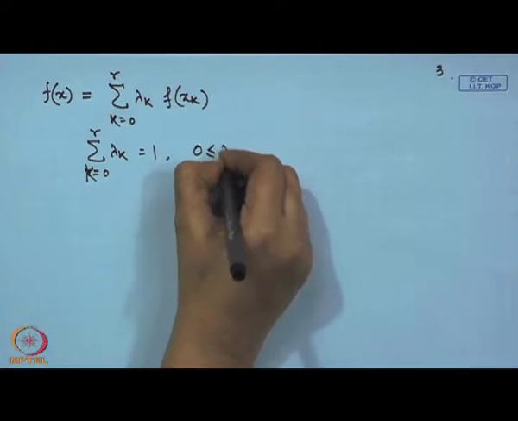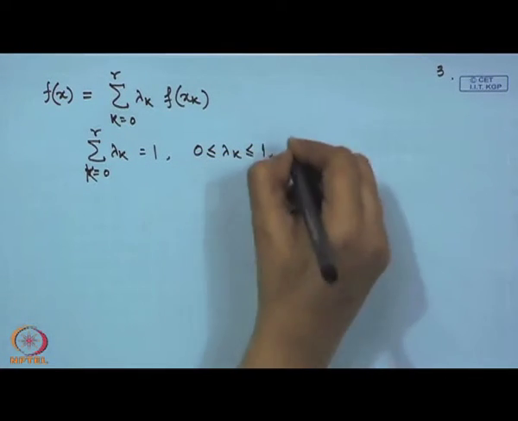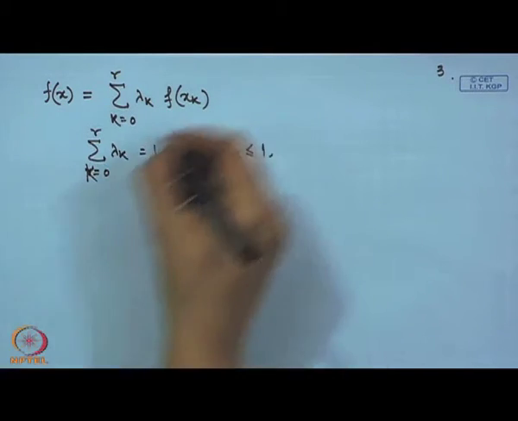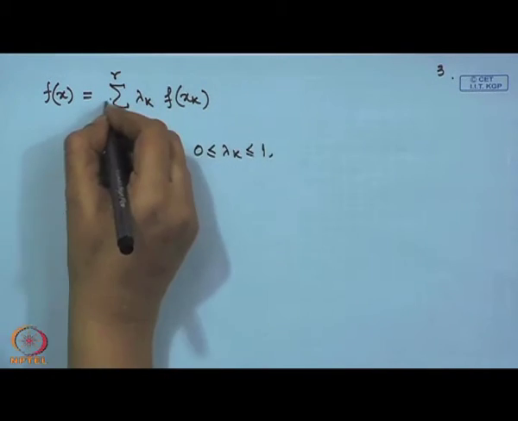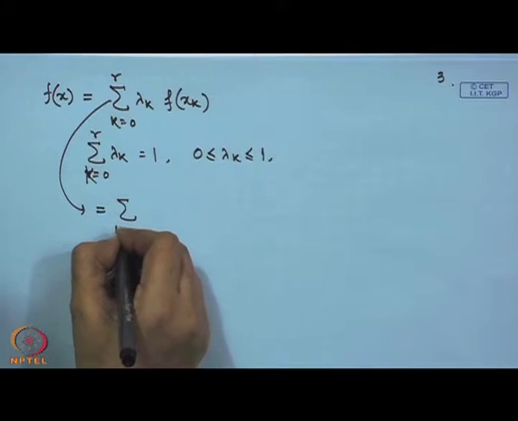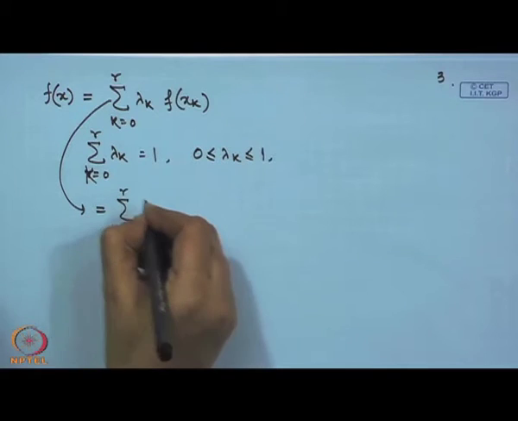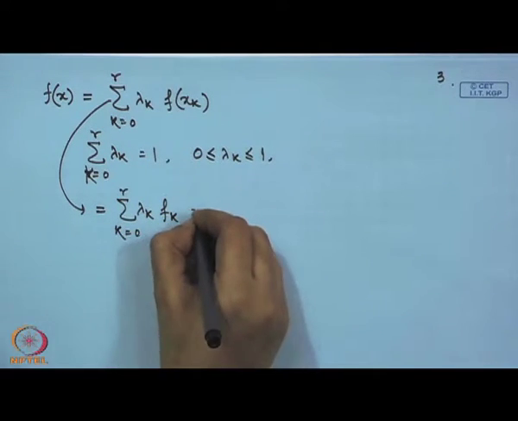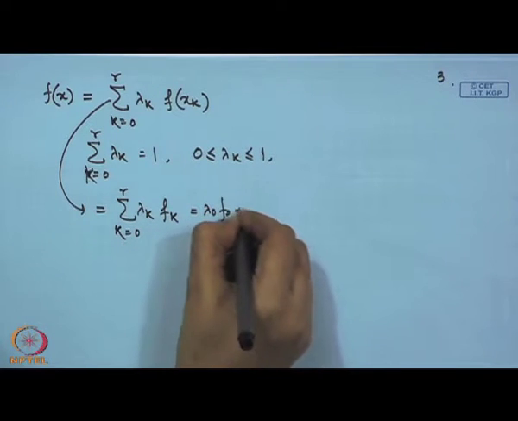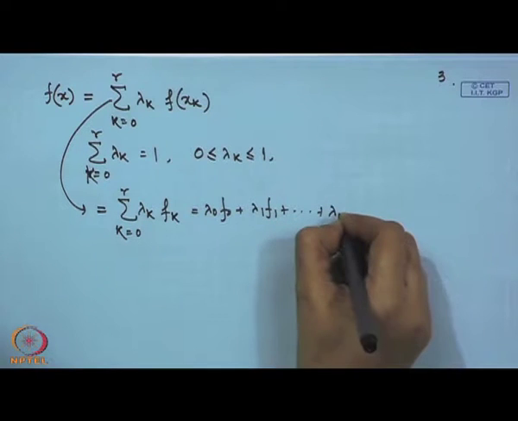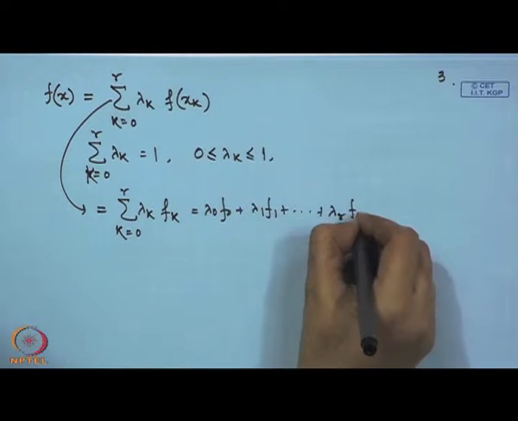Individual lambda_k's are all in between 0 and 1, and another condition is also there. Now, this can be written as summation k equal to 0 to r lambda_k f_k. Rather, this is equal to lambda_0 f_0 plus lambda_1 f_1, in this way up to lambda_r f_r.